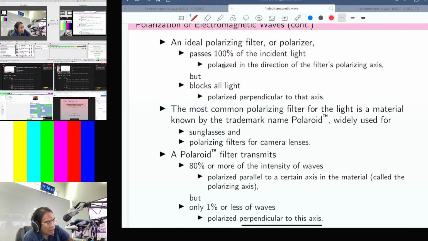So it will allow every light that has the vertical polarizing axis. But when the light has the horizontal polarization, it will not be able to penetrate this filter or this polarizer.